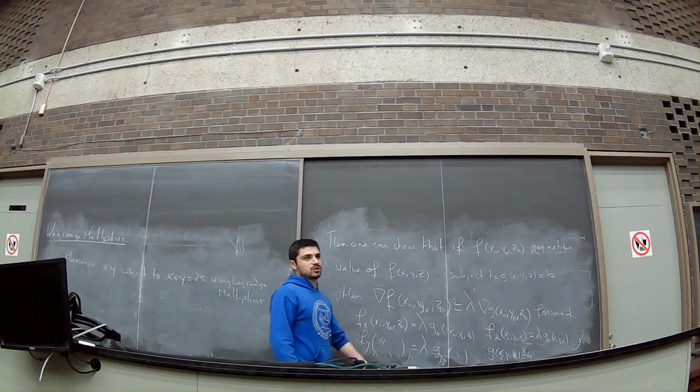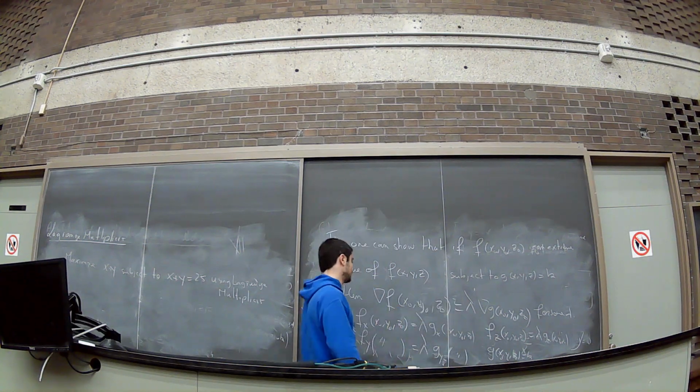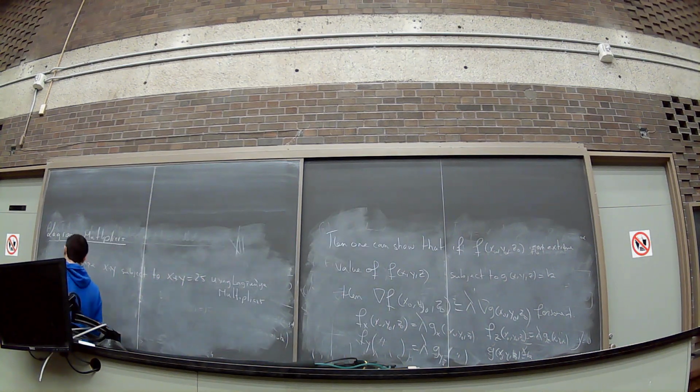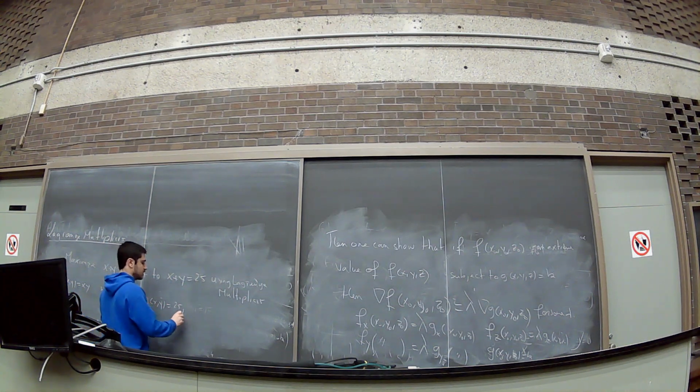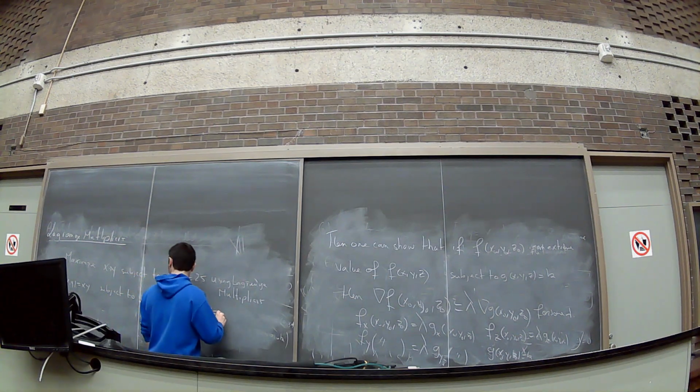Okay, so the Lagrange multipliers, because you have a lambda here. This is the Lagrange multiplier. So what is my f(x, y)? It is xy. And my g(x, y) is equal to x plus y, subject to g(x, y) equal to 25.